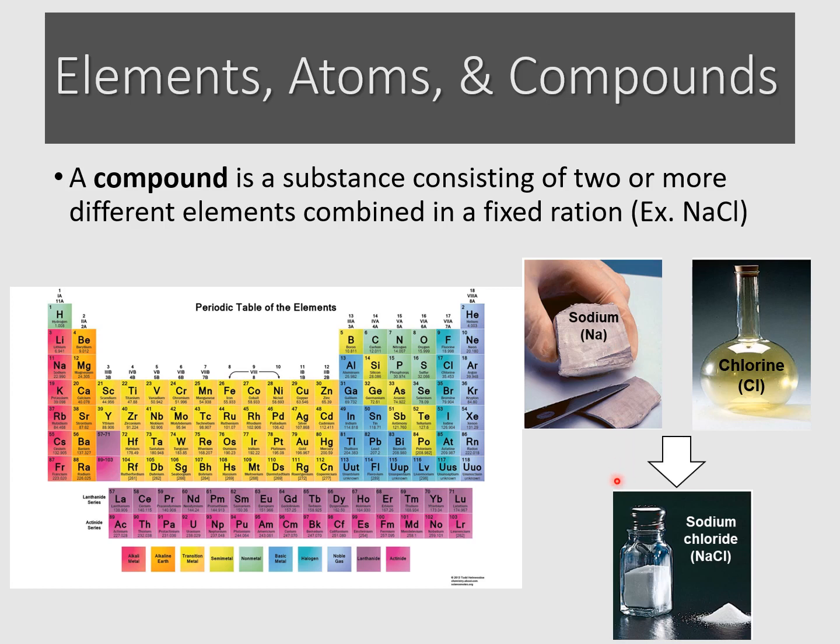They're a fixed compound that creates salt, which is obviously non-toxic because we consume it every day, right? So it's just two different elements combined to create a different compound with different properties.